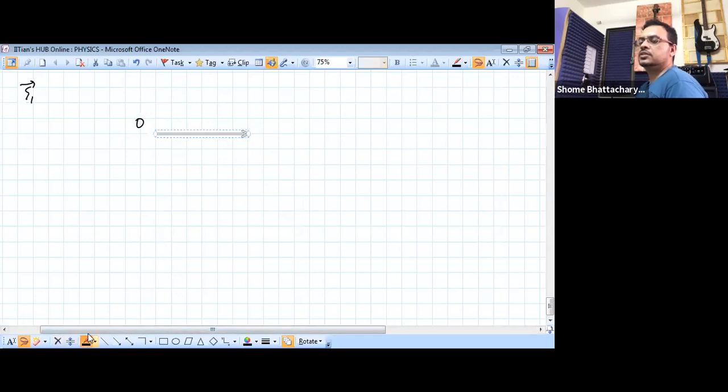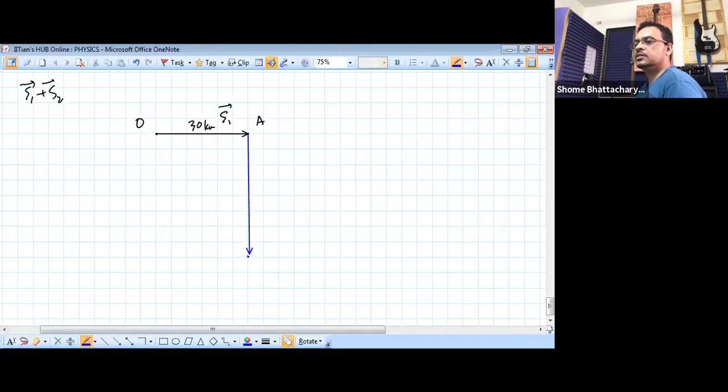So I will reach this point after completing the displacement S1, and that is supposed to be 30 kilometers towards the east direction. But then what is happening? I am adding S2. So after reaching this point, let's say this point is the point E, then I am making a further displacement in the downward direction or towards the south from E to this point.